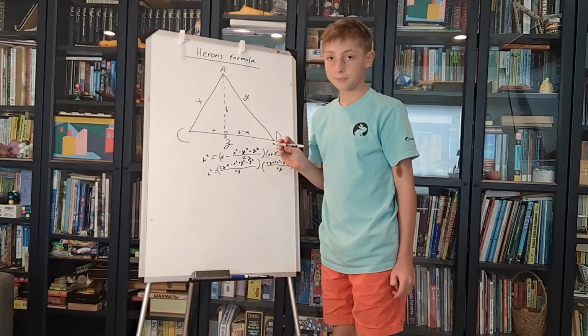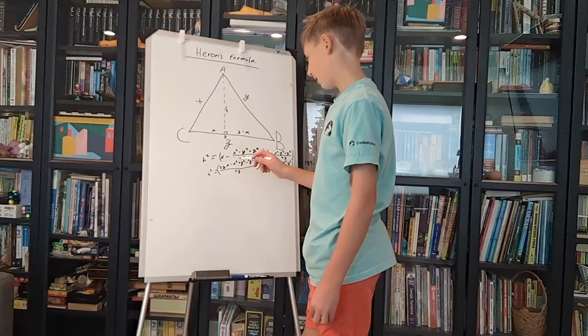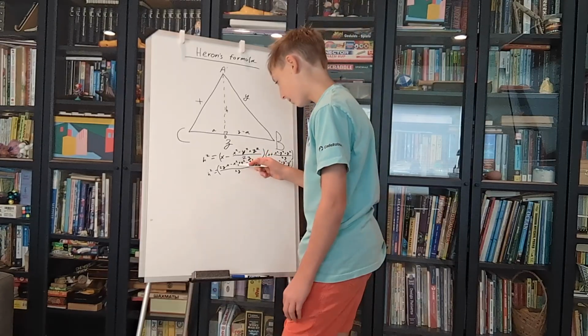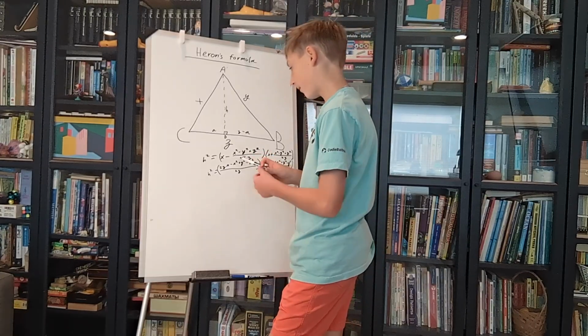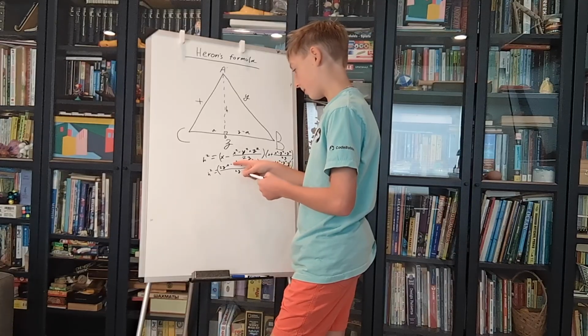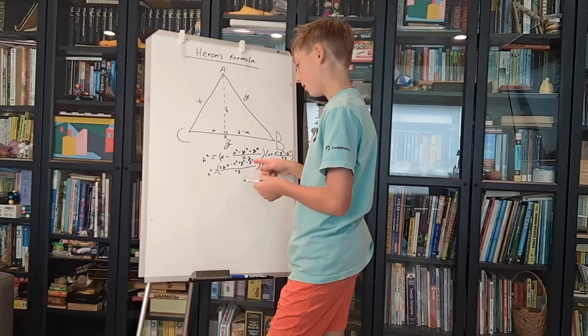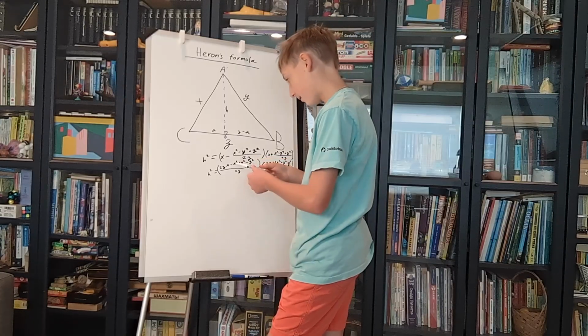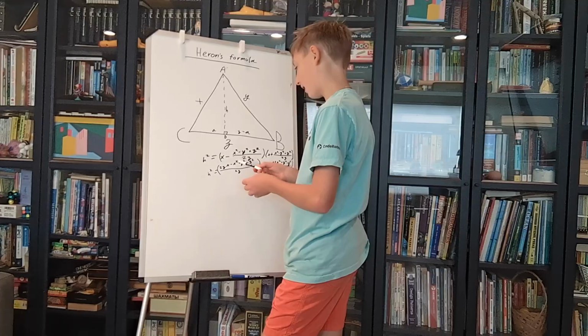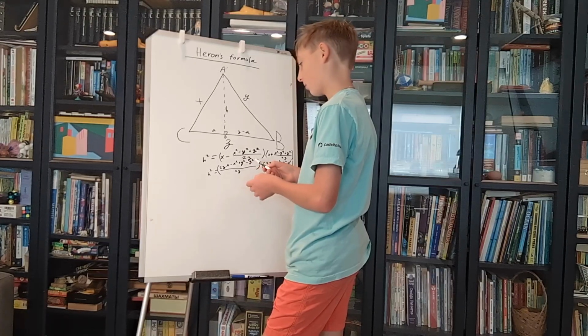And then you can see the formula for if we multiply all this by -1, we'll get X squared plus 2ZX plus Z squared.